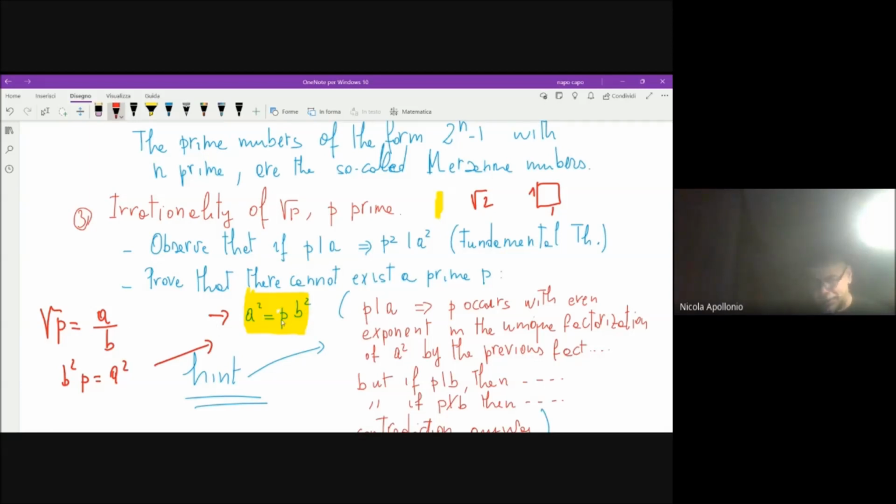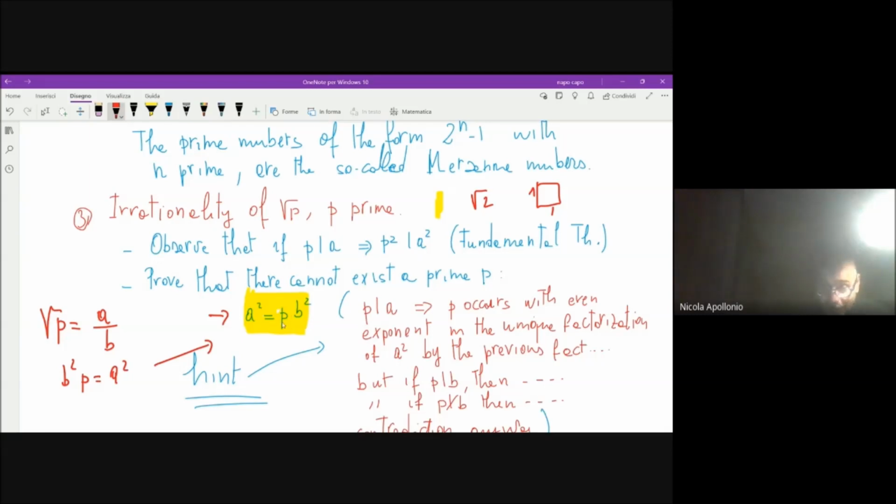Good. However, anyway, they are coprime or not, since P is a prime factor in a square, it must occur an even number of times.